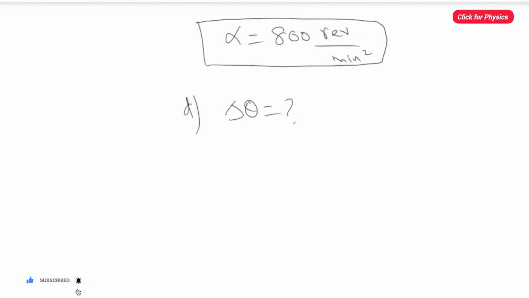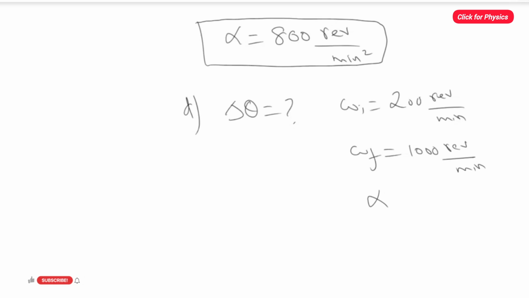And we can use the same thing. Omega I is equal to 200 revolution per minute, and omega final, sorry, not 800, which is 1000 revolution per minute. And then alpha, in the previous part we found the answer as 800 revolution per minute square, and also the time is 60 seconds.